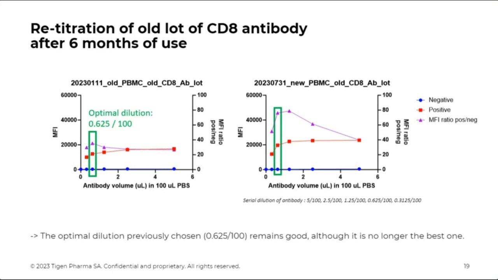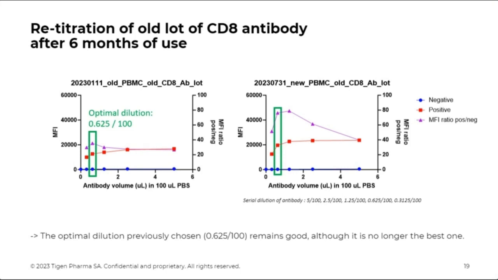And what's within the green rectangle is the result obtained at 0.625 microliter. And you can see that this data point is not the highest of the curve. It's actually the next data point. So we can see that it would not be optimal to use 0.625 with our new lot of antibody. It's good, but it's not the best one.